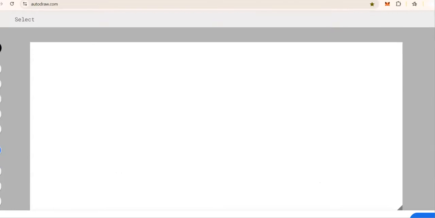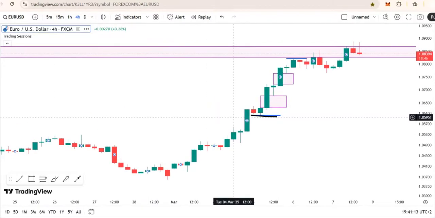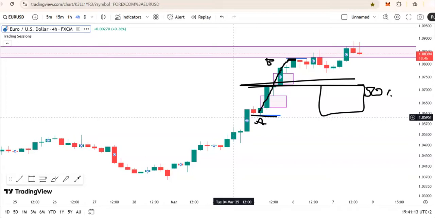So if we go back to our example here, this is our point A, and we have this leg to the upside, this is the point B in this example. So the dealing range will be somewhere in the middle here, let's say 50%. So if we want to look for buying opportunities, we'll be looking for long opportunities here.